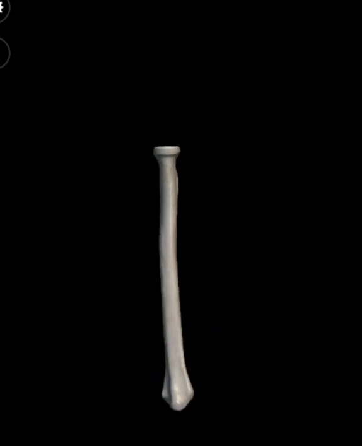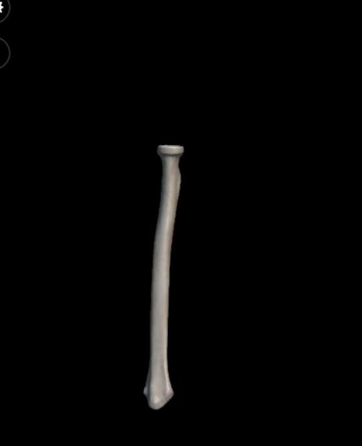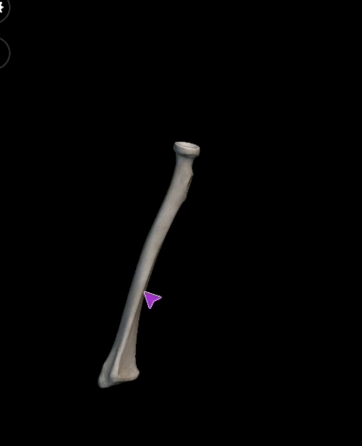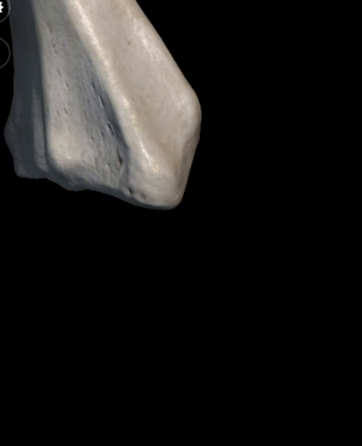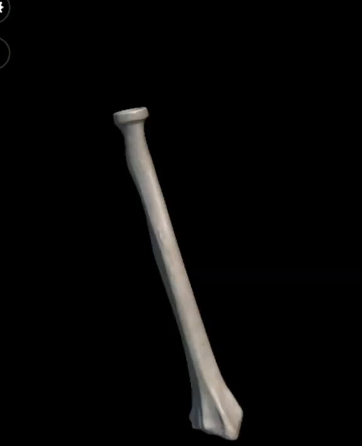The sharp border of the shaft is the medial border. You can see over here, this is the medial border, which is the sharp border. The lower end presents a tubercle on the posterior surface called the dorsal tubercle of Lister.